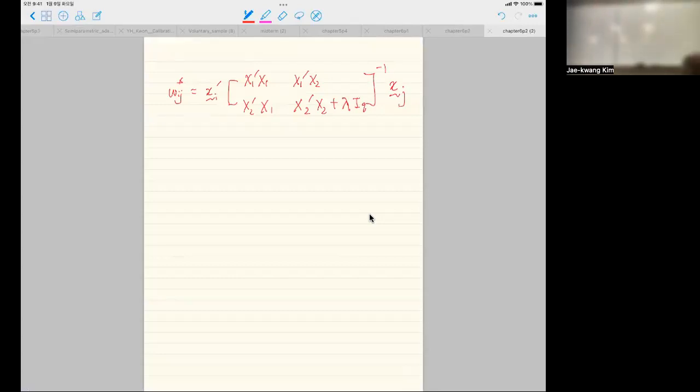See, so this one, xi is x1i, x2i, right? So that is p dimensional, q dimensional.